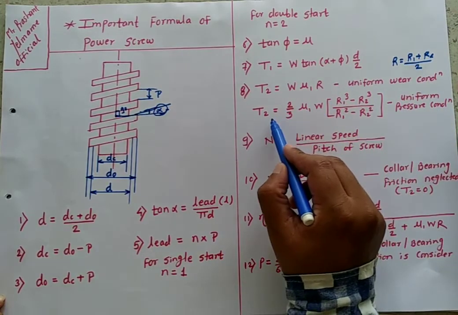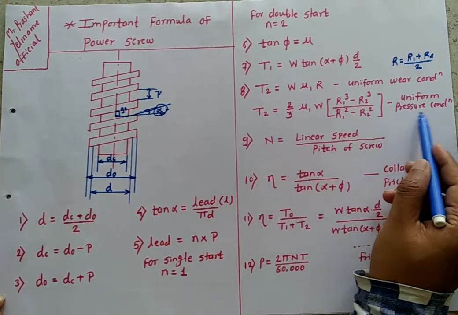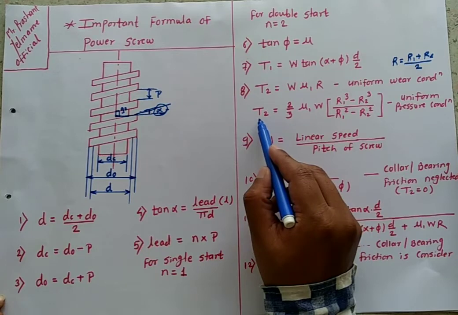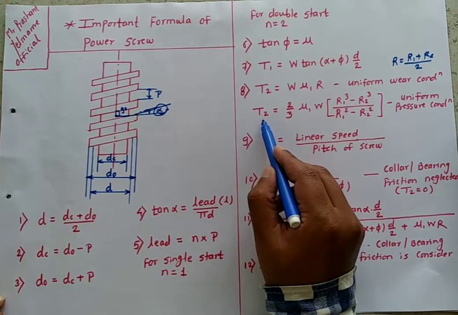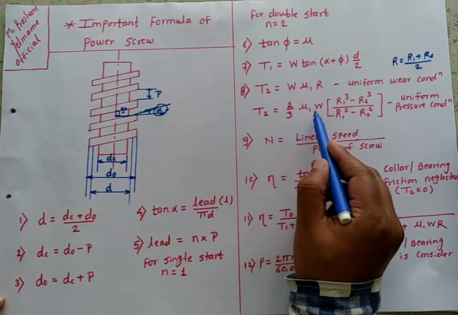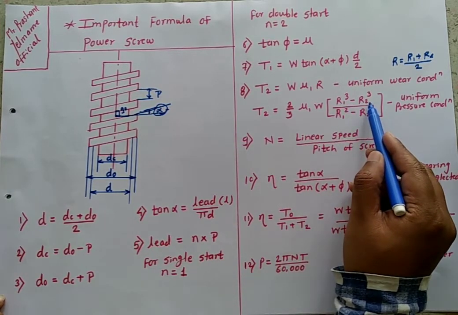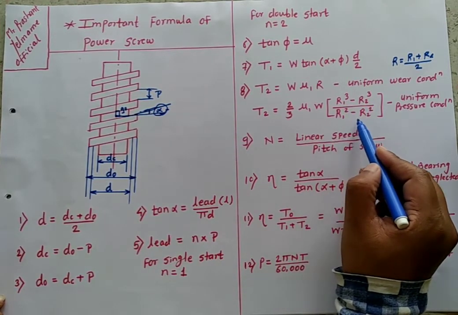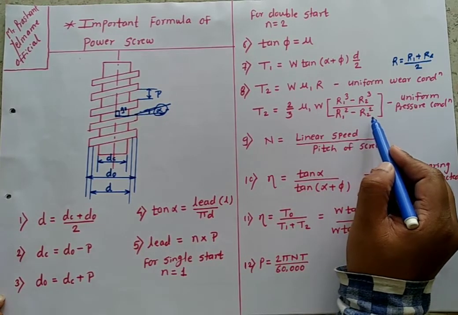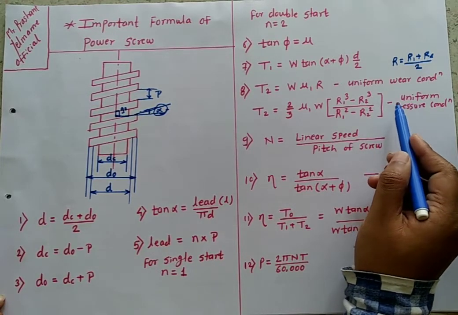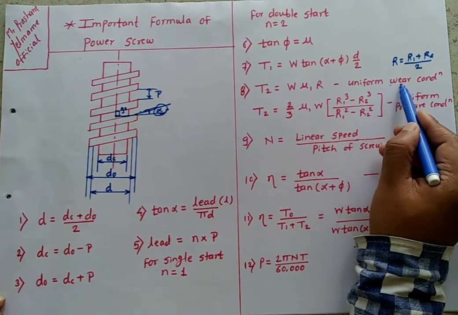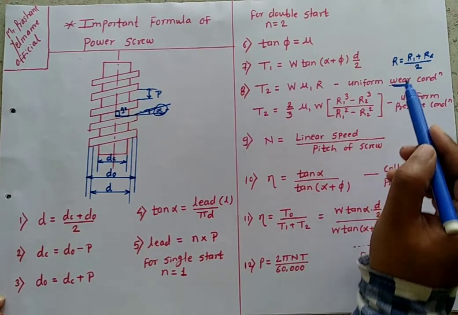Then according to uniform pressure condition, the torque T2 is equal to 2 by 3 mu1 W in brackets R1 cube minus R2 cube divided by R1 square minus R2 square. In most practical conditions, we assume uniform wear condition only.